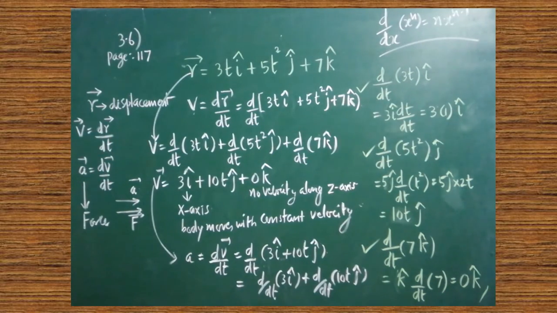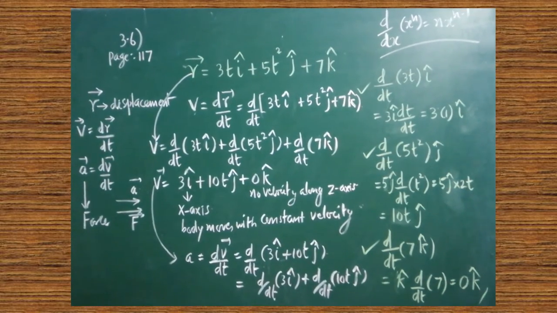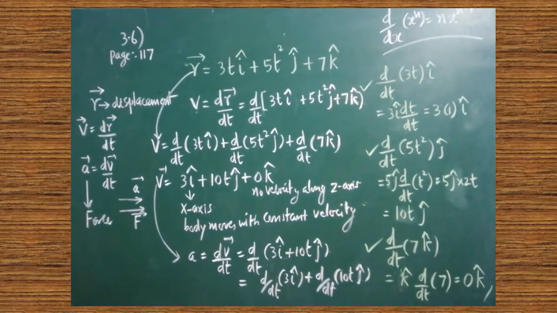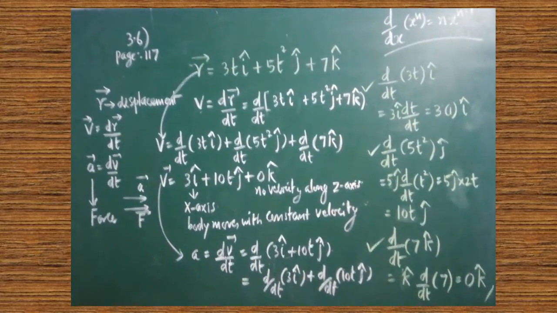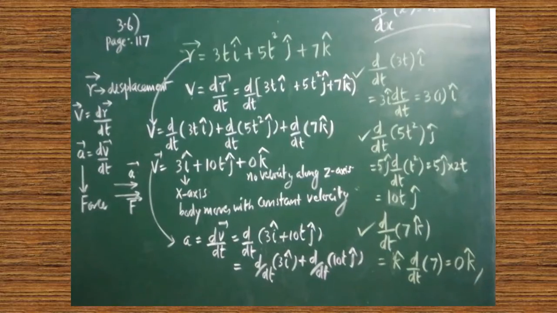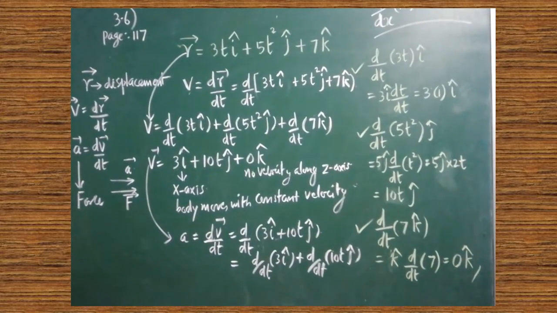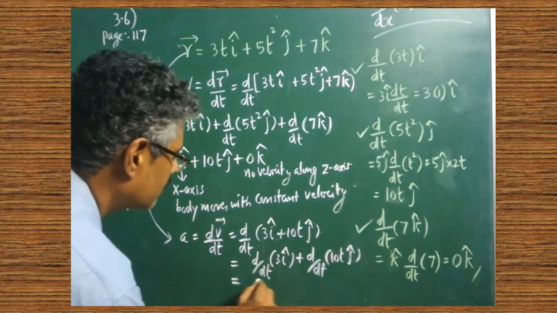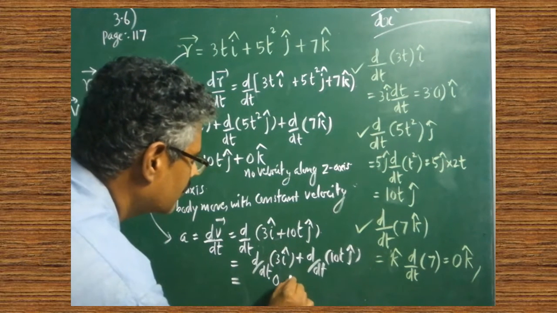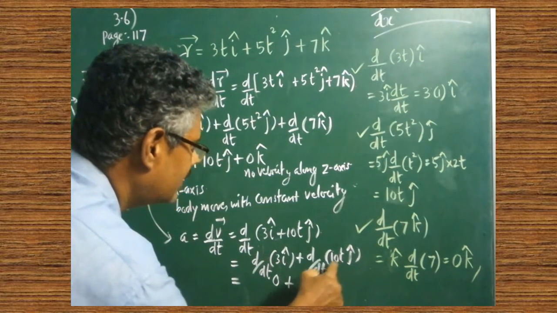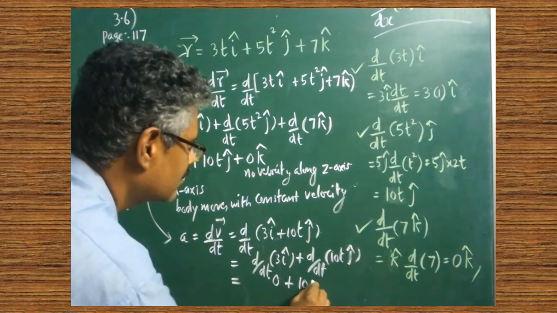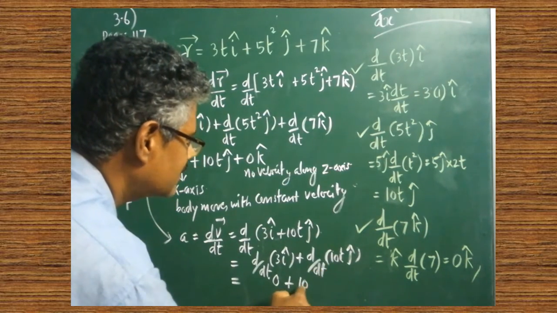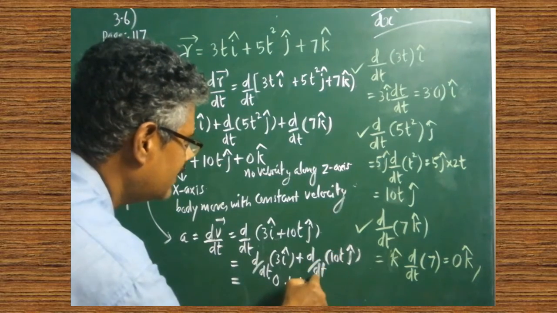Here 10t, if differentiated, you will get 10, since 10 is a constant and dt by dt is 1.